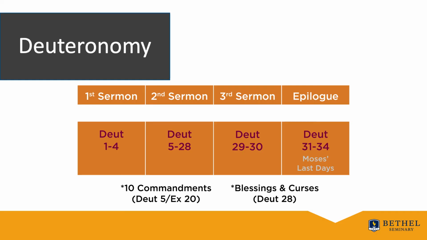As the diagram indicates, the book of Deuteronomy contains 3 sermons, and finally, the epilogue, which focuses on Moses' last days. We may summarize the Pentateuch as follows.